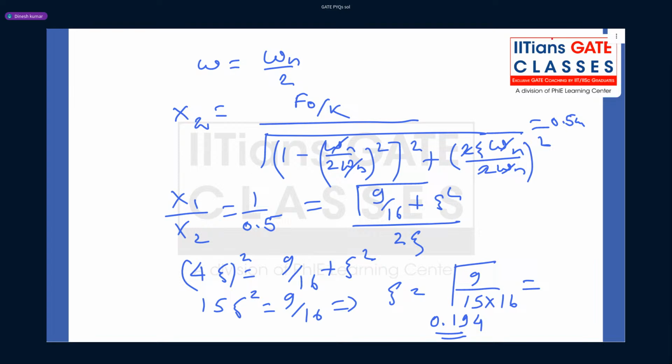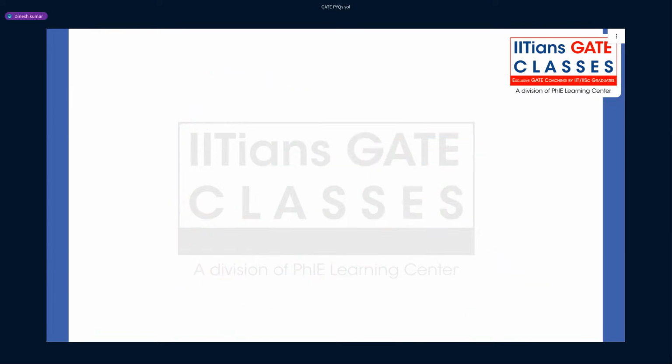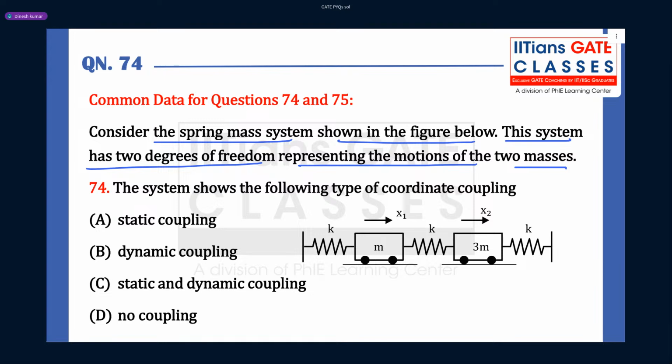No, 16, then 1 you have to subtract, so it will become 15, right? So 15 zeta square equal to 9 by 16. Is it correct? There is no typo. Can you confirm this is correct? Anybody can confirm whether this is correct or not? Yeah, okay, thank you.